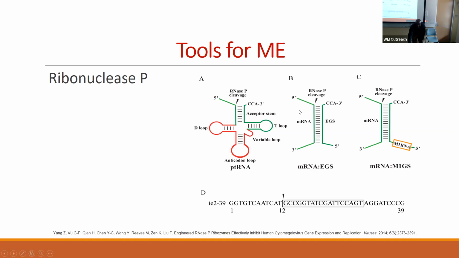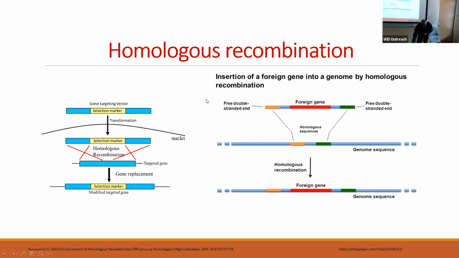So if you design the right guide sequence, it targets what we call a single-stranded region of your mRNA, binds to it, your ribonuclease P will attack that and chop it. Once it degrades, that mRNA is no longer functional. You're knocking down the function of the gene expressing that mRNA.